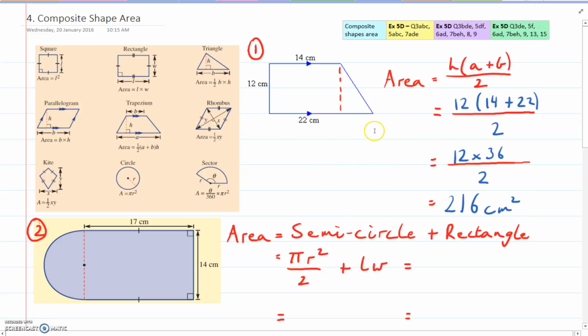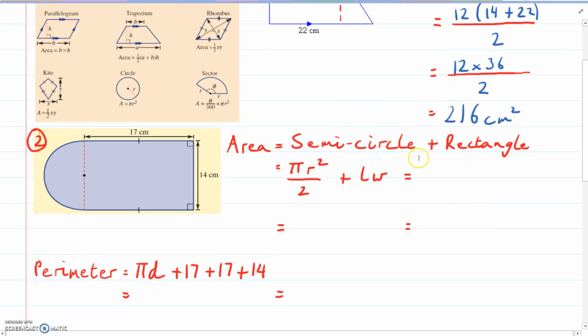So it's actually just a trapezium one. Sometimes that's the case. Sometimes you need to find different things. Alright, let's look at the area for these. So we've got the area of half a circle, so that's pi r squared over 2, and the length times the width of this rectangle. So the radius here is going to be 7, so we've got pi 7 squared over 2 plus 14 times 17, which is 238.